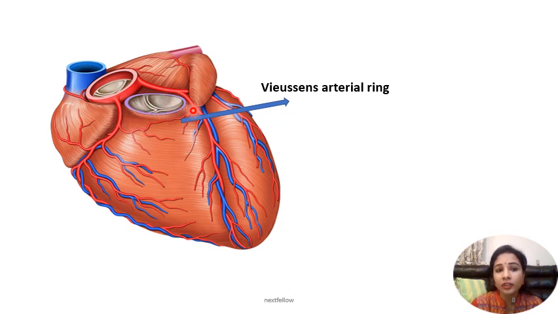Around the infundibulum of the pulmonary trunk, the right conus artery and left conus artery form Vieussens' arterial ring. And we can well appreciate the right coronary artery gaining its origin from the anterior aortic sinus, and the left coronary artery from the posterior left aortic sinus.